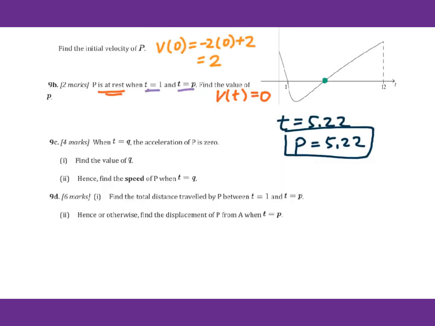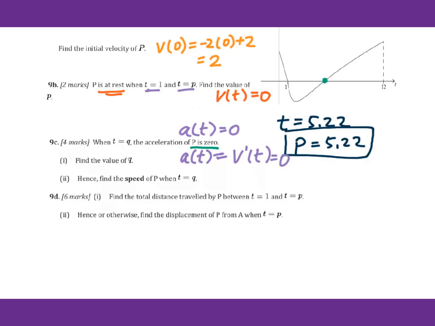Let's go to 9c. When t equals q, the acceleration of P is 0. So we can write down a of t equals 0. We do know the a of t, this acceleration, equals the derivative of velocity.